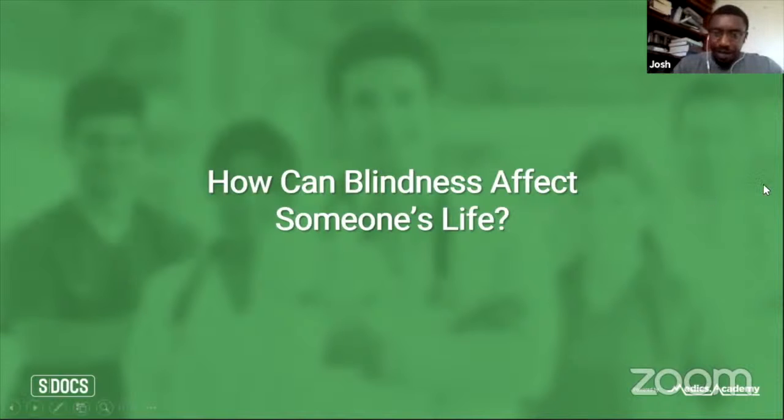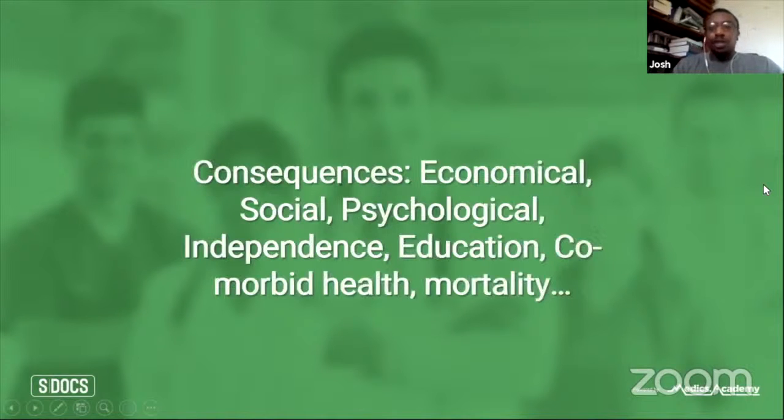In answer to this question, these are some of the consequences that I've thought of or that are common in literature on this subject. And there's so many. You can see it's really widespread in the devastation that being blind or heavily visually impaired can cause. Economical consequences, social consequences, psychological or psychiatric consequences. They may have lost their independence with the activities of daily living.